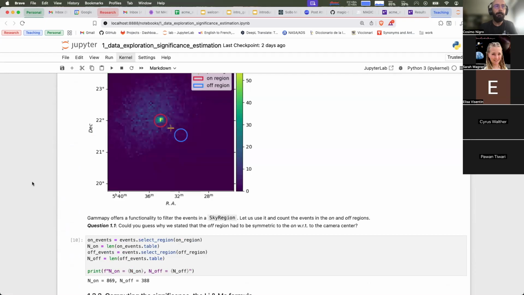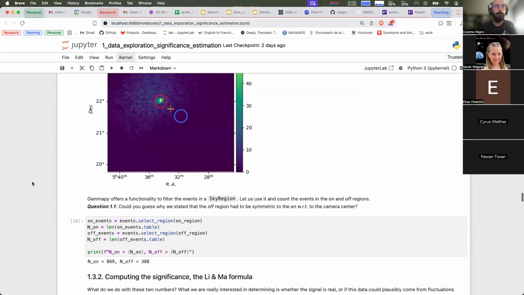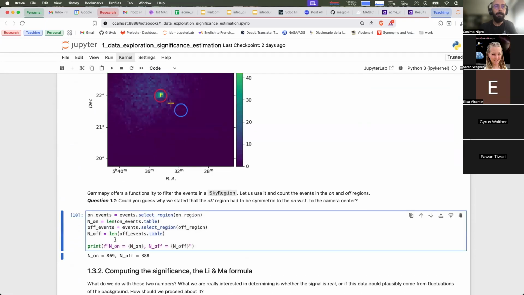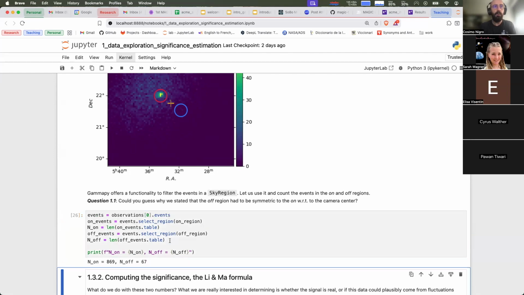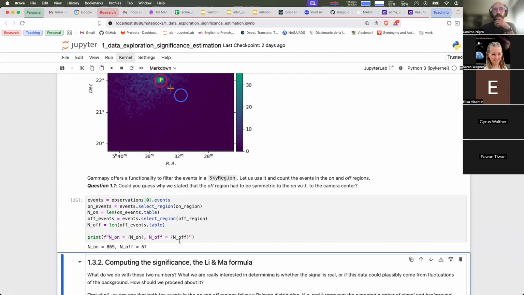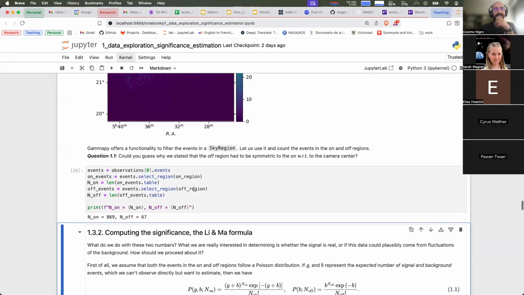Observation 0 for events, so that should be correct. I don't know where the 388 was coming from before.